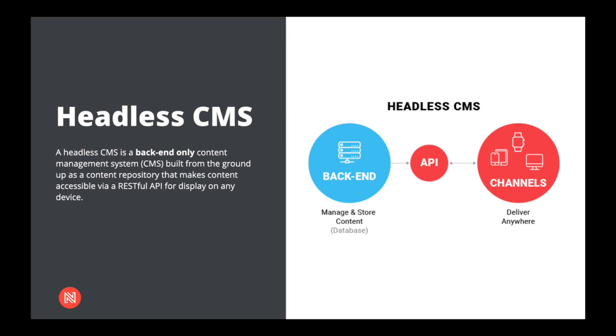So for example, we can see on this illustration, we have the backend. The backend is used to manage and store the content on the database. We have an API, and we can access that information from any device, like a watch or a mobile device or desktop computer or laptop. Using the API, we can access that information.